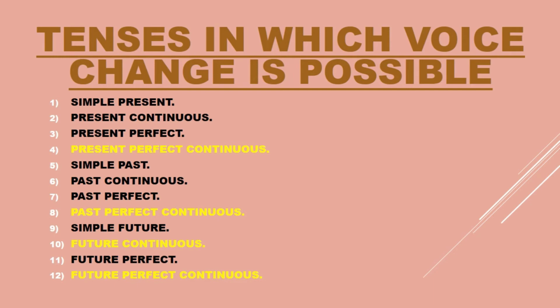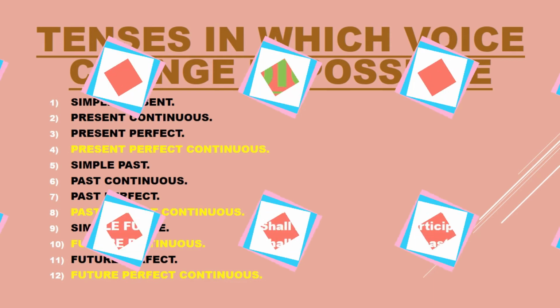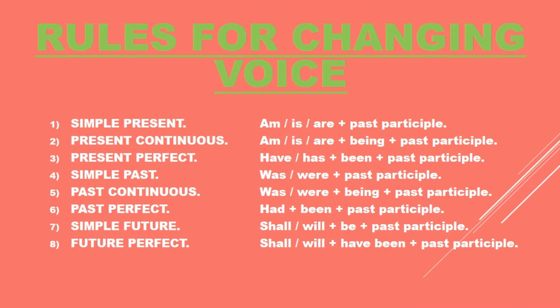Let us now see the rules which we should follow while transforming a sentence from active to passive. Now as we have already discussed, the subject becomes the object and vice versa. So that will take place in every case. Apart from that, we need to bring about some more changes. What is that?